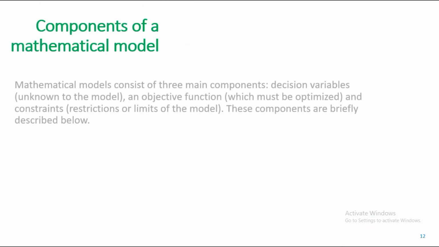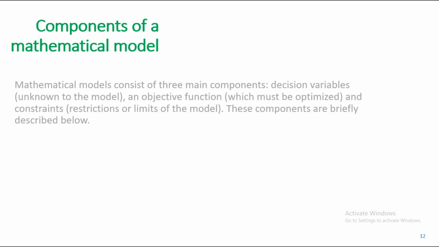Moving on, components of a mathematical model. Mathematical models consist of three main components: decision variables, unknown to the model, an objective function which must be optimized, and constraints, restrictions, or limits of the model.